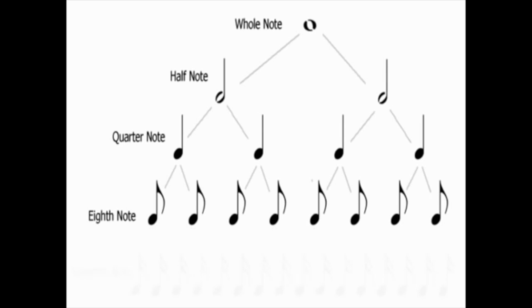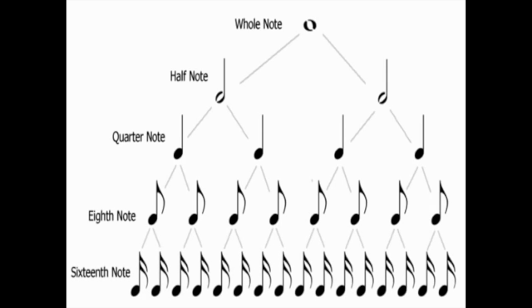And last but not least, 16th notes. It takes 2 16th notes to make 1 eighth note, and 16 16th notes to make 1 whole note. Hopefully this hasn't been too confusing for you.